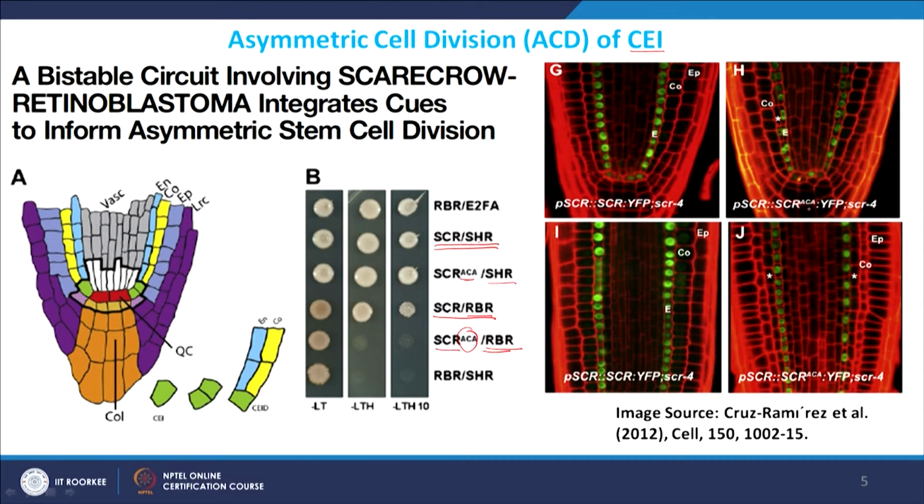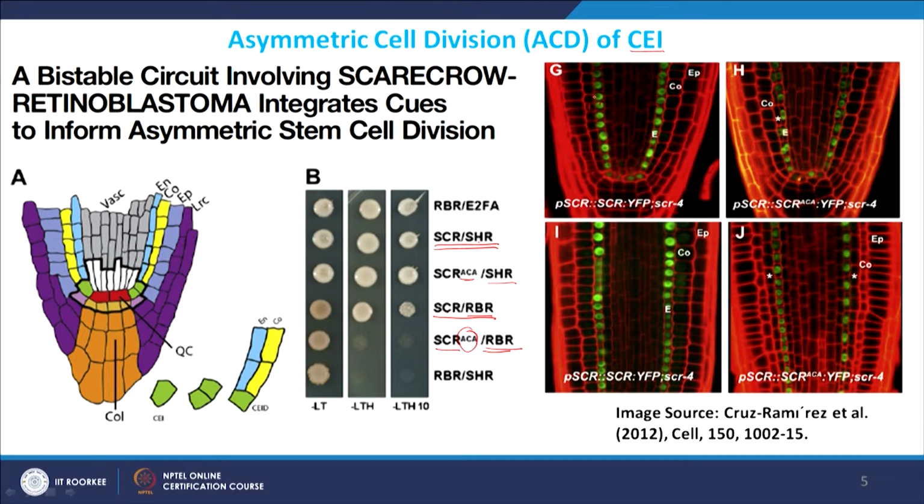But if you mutate the interaction between SCR and RBR, you can start seeing some phenotype. One phenotype you can see here is that there is an extra layer formation. Normally in wild type, from CEI only 2 layers are formed, and in these 2 layers the outer layer always remains as cortex and the inner layer differentiates into endodermis.